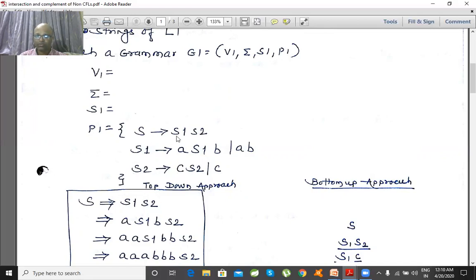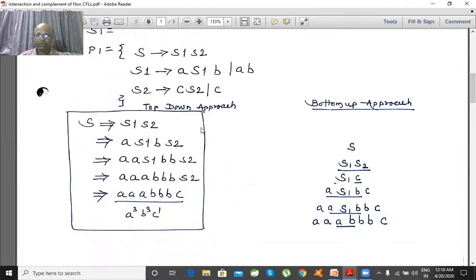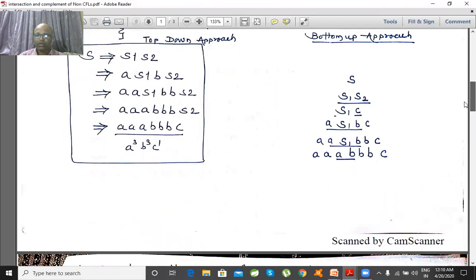So in this context-free grammar, by concatenating S1 and S2, S1 takes care of the number of a's being equal to the number of b's, and S2 takes care of c changing, so you get either a single c or multiple c's. I'm not going into the working of this, you can derive the string yourself. The grammar for L2 is similar.